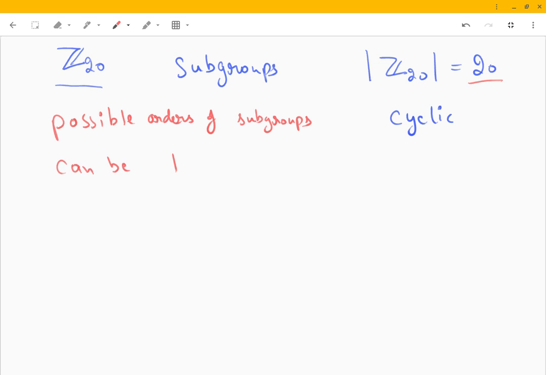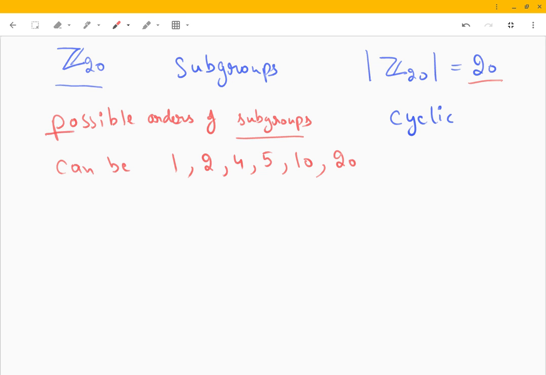So it can be 1, which will be the trivial subgroup containing the identity element. Then we have 2, then 4, then 5, then 10. And if we have not set proper subgroups, then obviously Z20 is a subgroup of itself. So this could be the possible orders of subgroups.